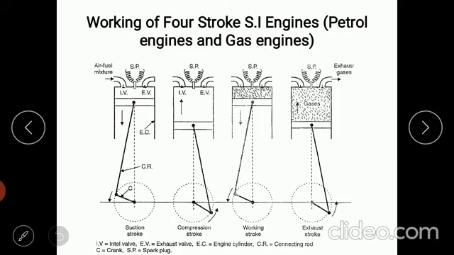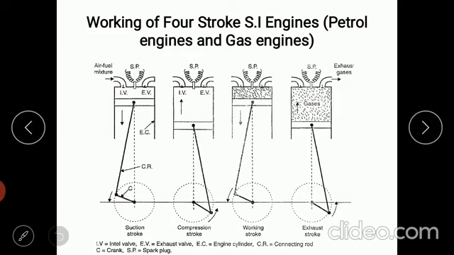For that reason, the exhaust valve is kept open during the exhaust stroke, and the burned gases will move out of the cylinder. This process is termed scavenging, the process of expelling burned gases from the engine cylinder to the atmosphere.